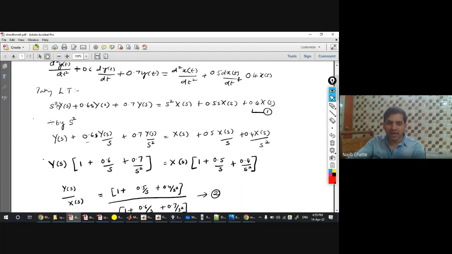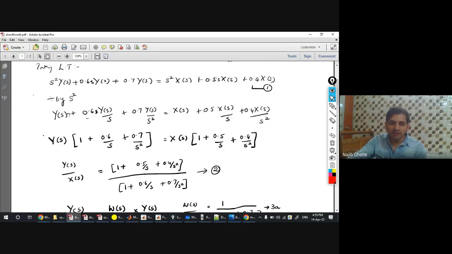Again, making y of s coefficient free, I divide the entire expression by s square. So we have y of s plus 0.6 y of s upon s plus 0.7 y of s upon s square equal to x of s plus 0.5 x of s upon s plus 0.4 x of s upon s square.